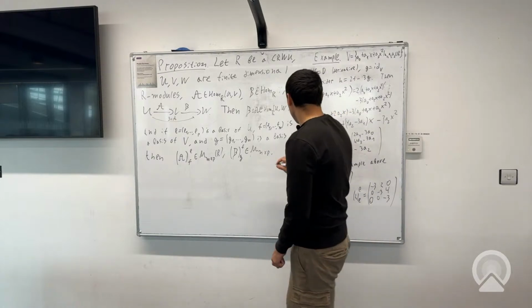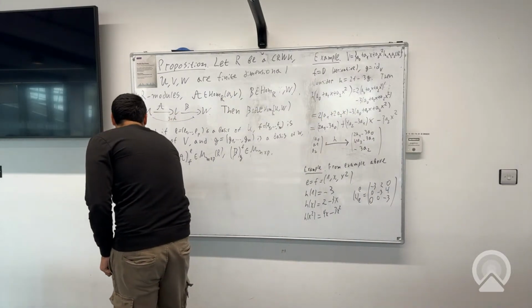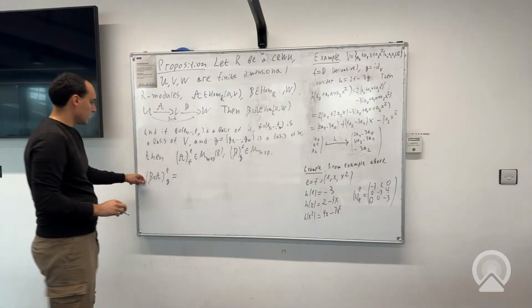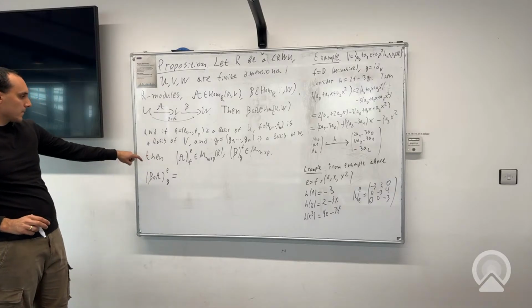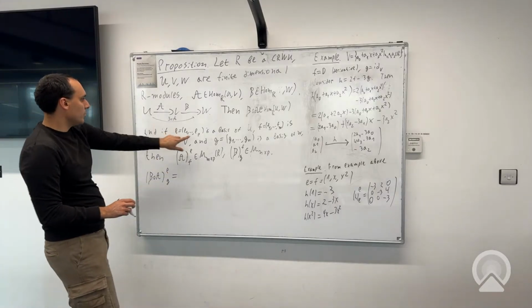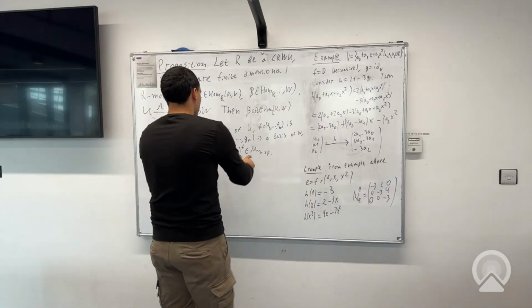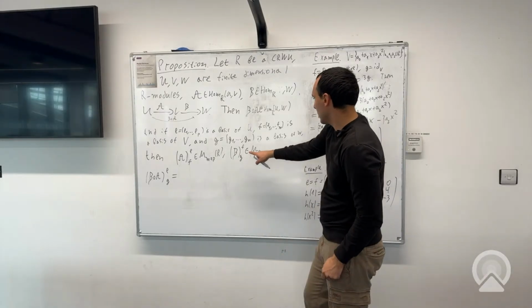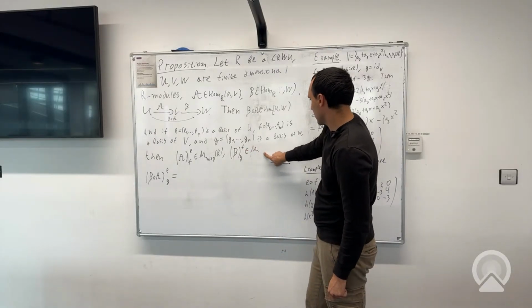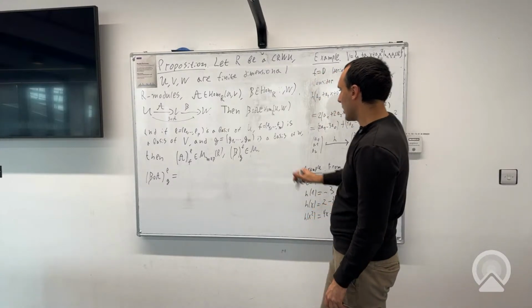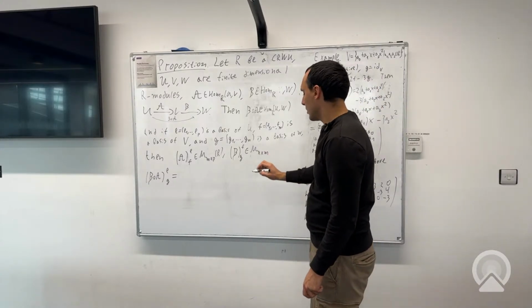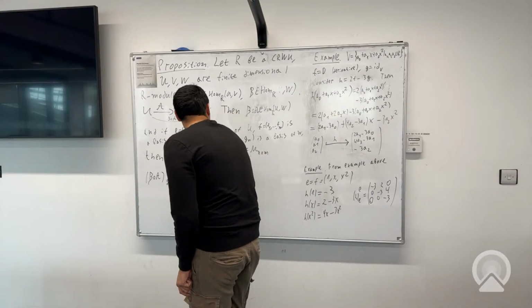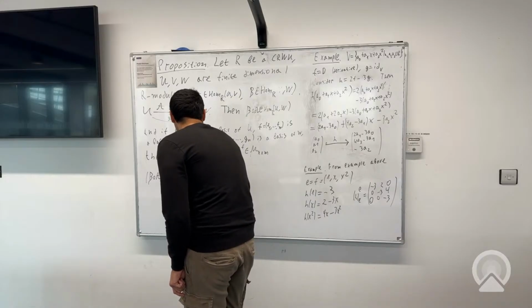And the matrix of B composed with A from E to G is n times p.